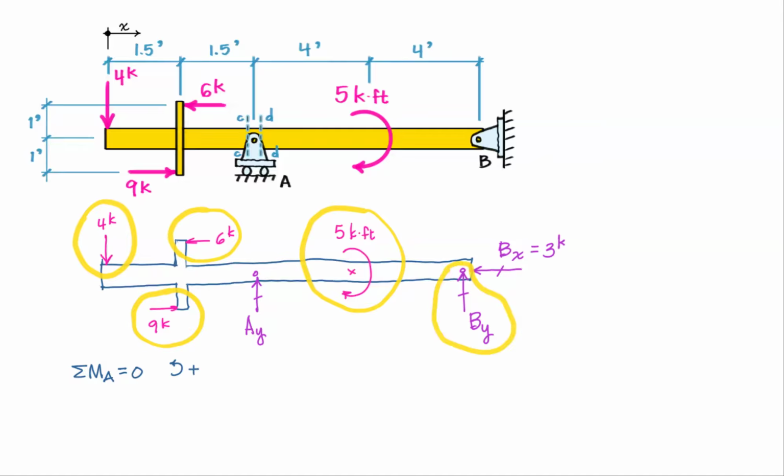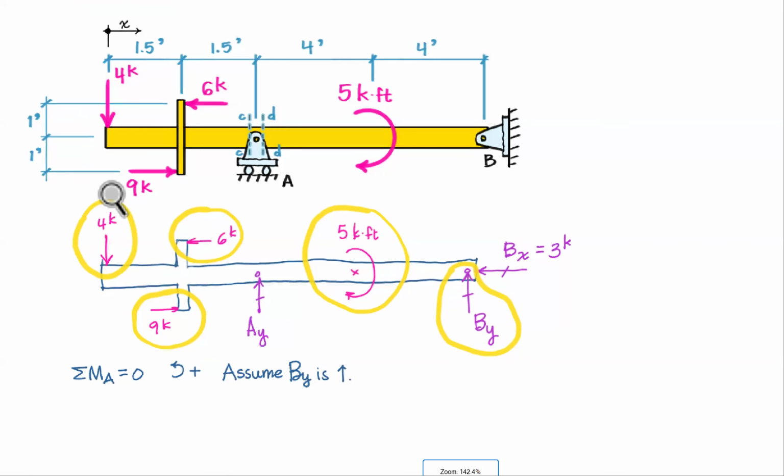We're going to be solving for B sub y. And even though B sub y is pointed upward in my free body, I'm just going to reiterate that as part of my problem solving process, that I'm going to put By in the equation, assuming that it's an upward force. And if I get a positive sign, then that assumption will be verified.